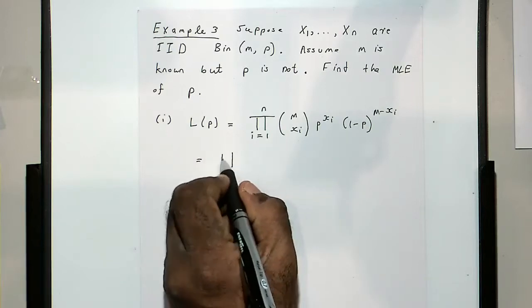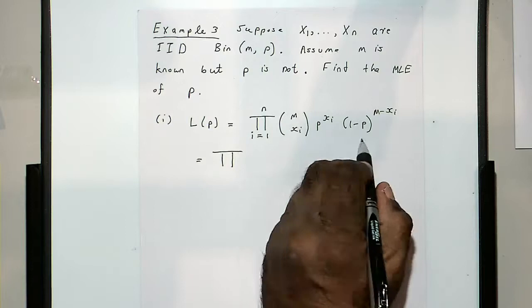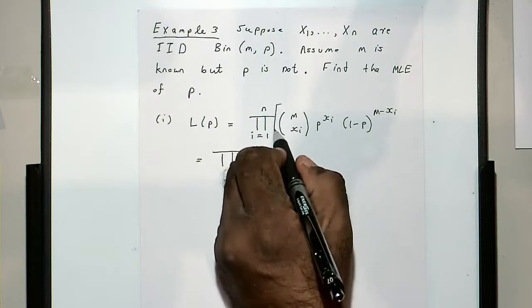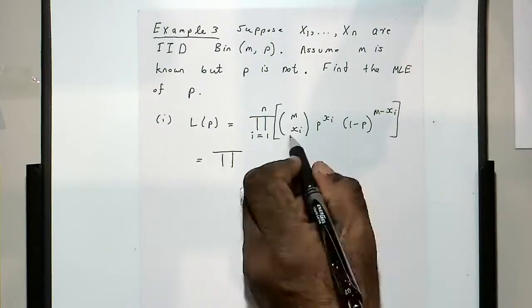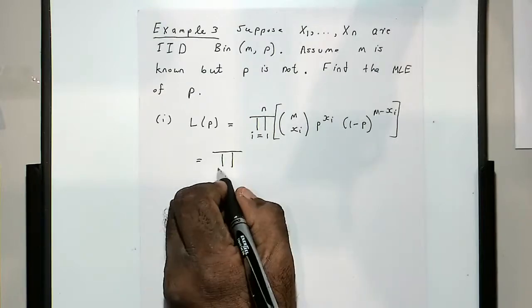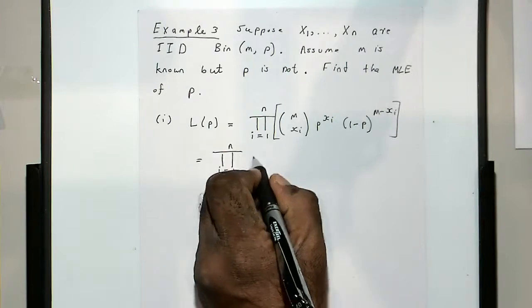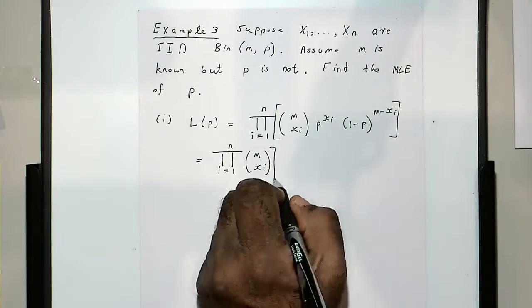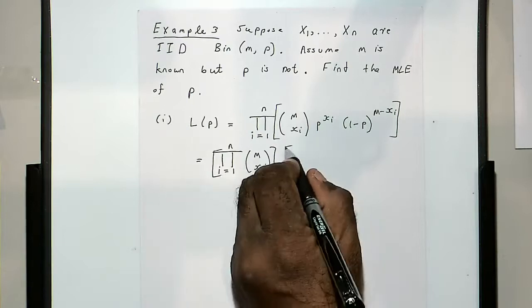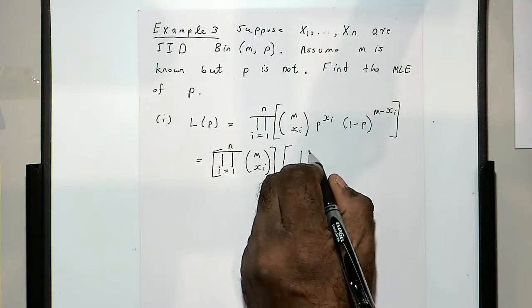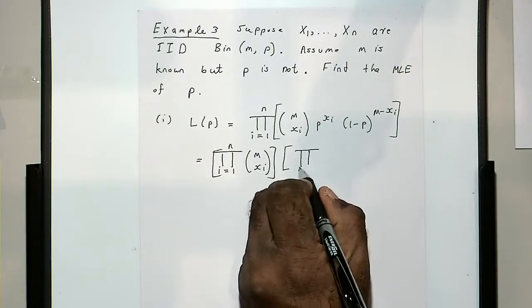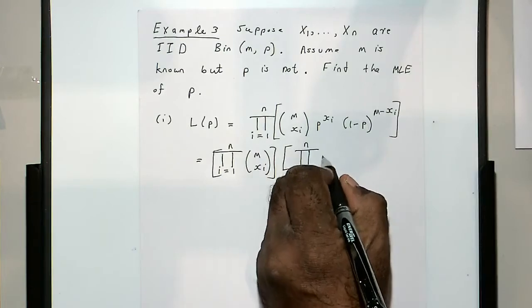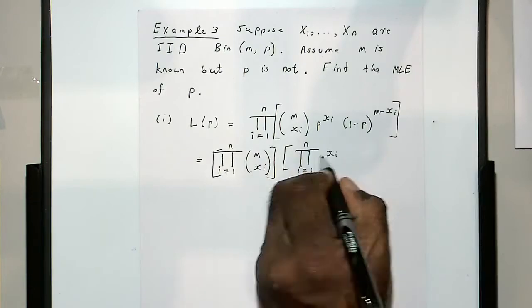Now, there are three terms here, right? So the product applies to all these three terms, right? So this is the first term, right? The second term is this, right?